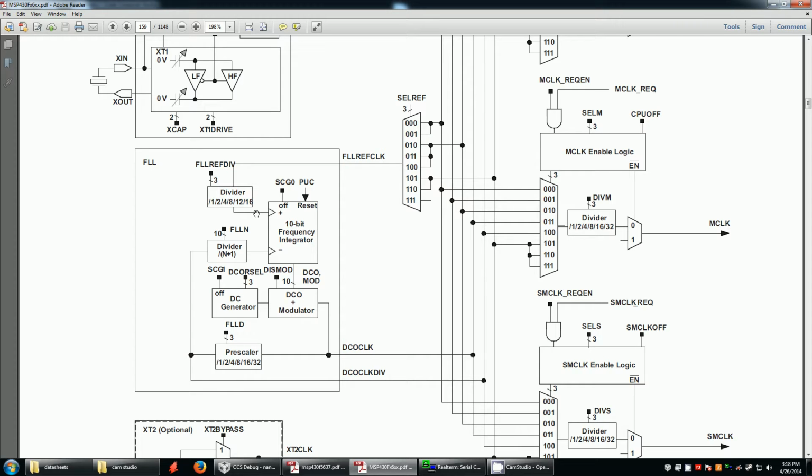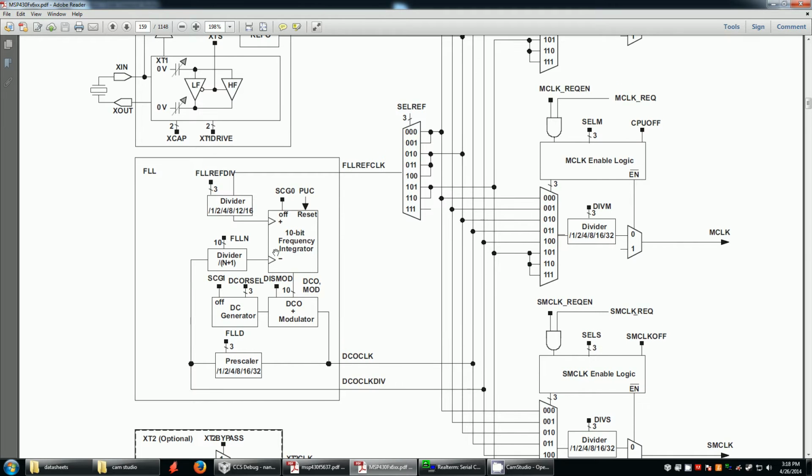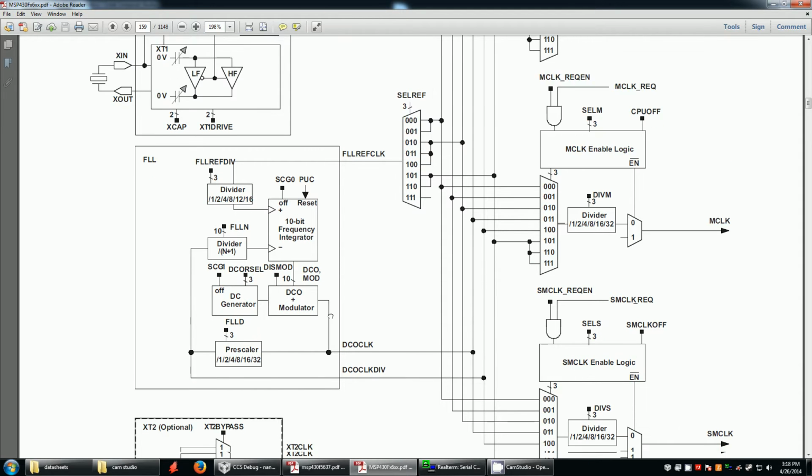So I've got 32K coming in here, so I need to see 32K over here. And so what happens is this integrator configures this DCO modulator to have a clock output that matches this positive clock input after it goes through these dividers. So that's kind of just the general idea of how this works.